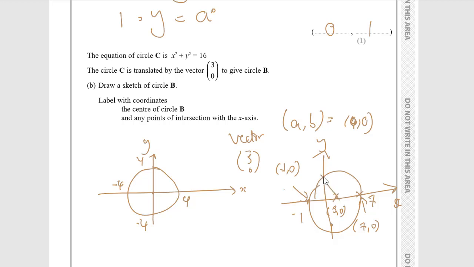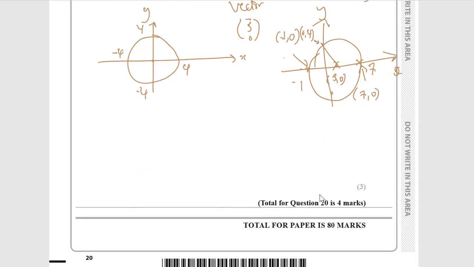And then this point here where it crosses is going to be 0, 4 here. If you just recall, this is always going to be a distance of 4. And that brings us to the end of the exam paper.